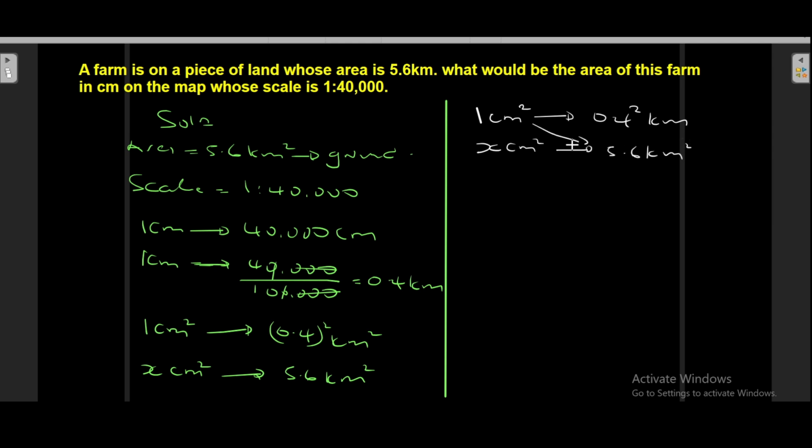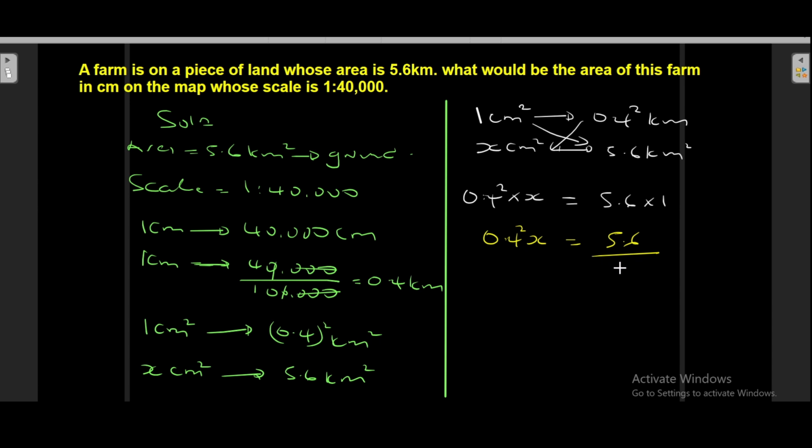Then I'm going to cross multiply. When I cross multiply, I will have 0.4 squared times x the same as 5.6 times 1. So 0.4 squared x is equal to 5.6.